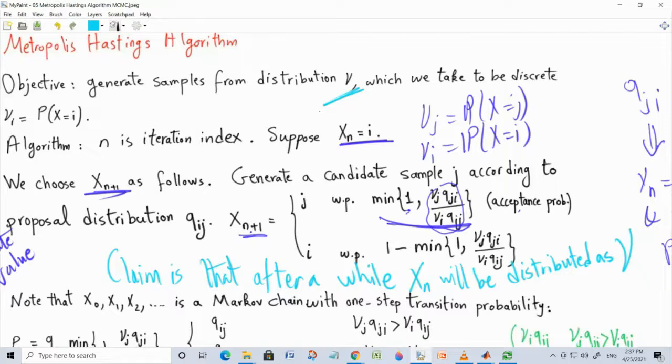So we start generating samples. Your initial samples are typically not used. Again, it depends on what exactly you are doing, but perhaps you will discard even the first 1,000 or perhaps several thousands of samples, and those are sort of transient.